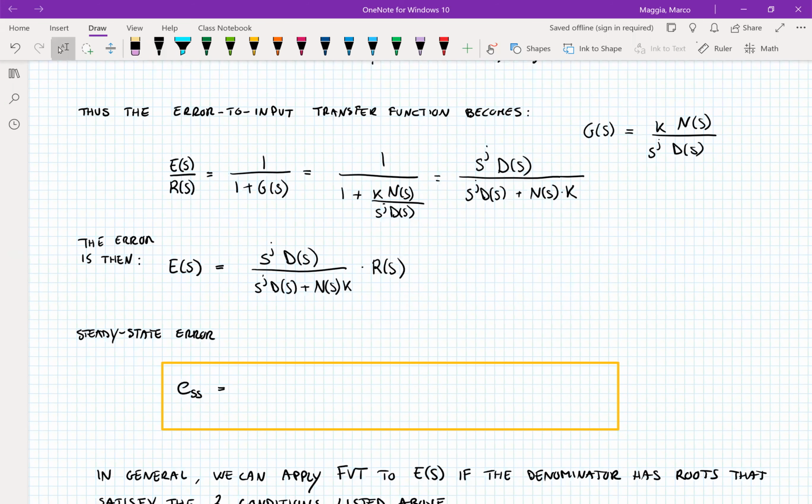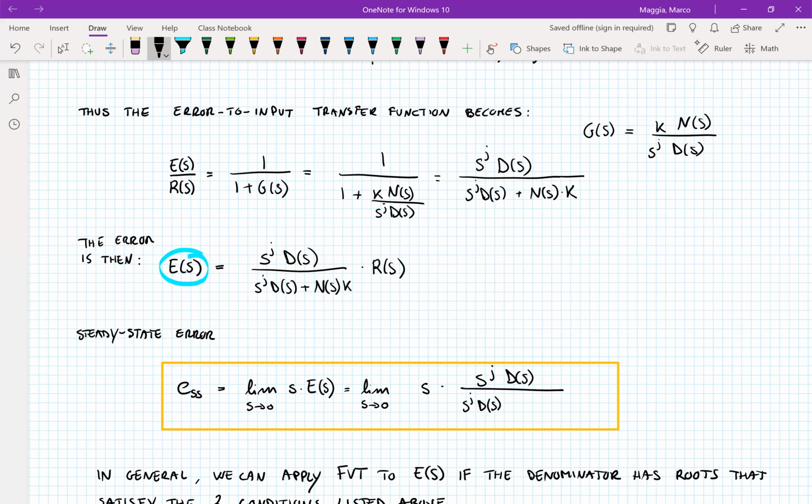Assuming that this error function in the S domain meets the conditions for the applicability of the final value theorem, and here we are assuming that, but you always have to check it, then the steady state error, that is the final value of the error function, is given by the limit for S that goes to 0 of S times capital E of S. So we can also write limit for S that goes to 0 of S times S to the power of J, D of S, and whatever I wrote just a minute ago.